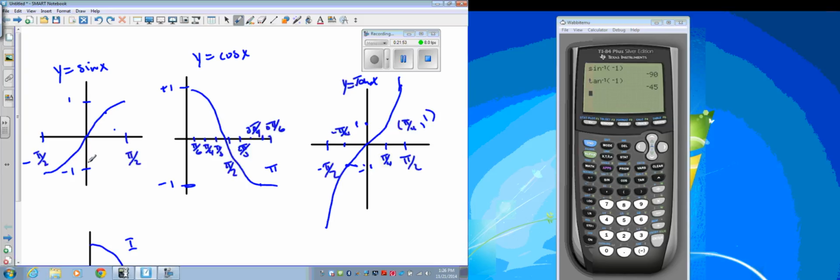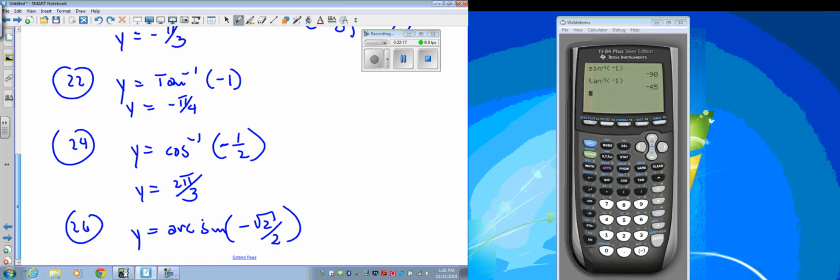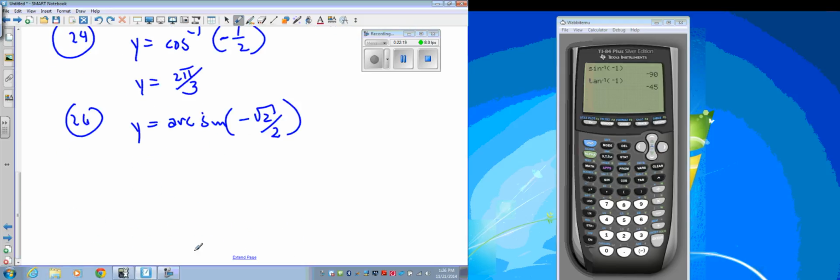You're using that unit circle, you're going to have to put the 270 as a negative pi over 2, or negative 90 degrees, because it's going to show you 270, and that's going to confuse you. So this one is negative pi over 4.